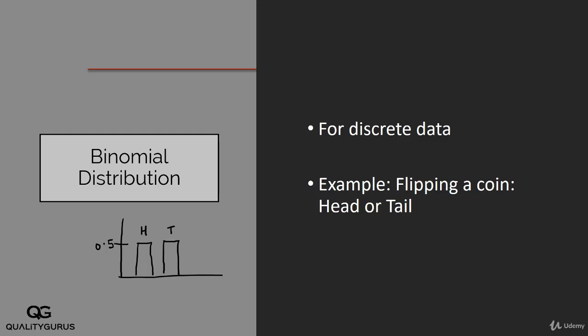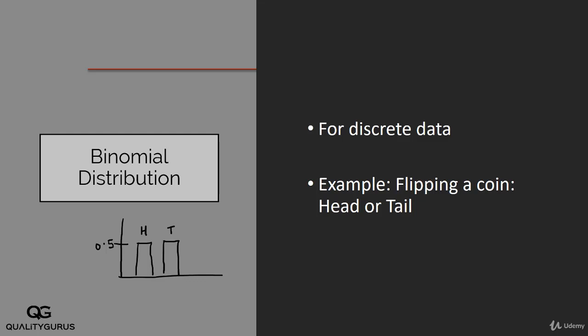But let's say I flip more coins. If I flip two coins now, we need to calculate the chance of getting two heads, two tails, or one head and one tail. Once we flip two coins, the chance of getting two heads is 0.25. There is a 1/4 chance that you can get two heads, and a 1/4 chance that you can get two tails, and then there is a 0.5 probability, or 50% chance, that you can have one head and one tail.